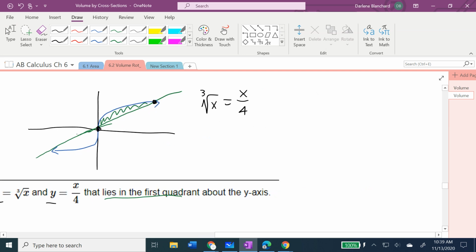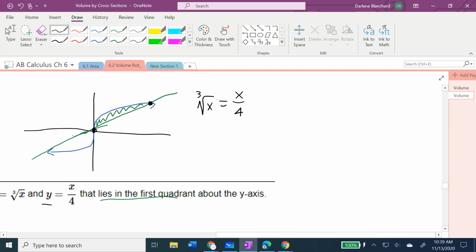And then it's an algebra fun time. Cube both sides. And when you notice you have a polynomial, set one side equal to 0. Factor.